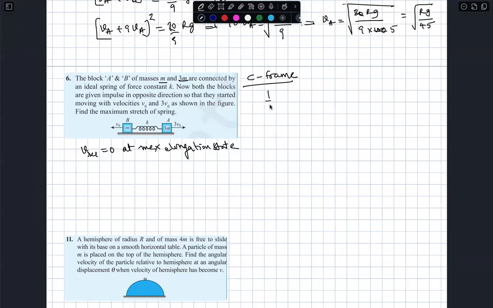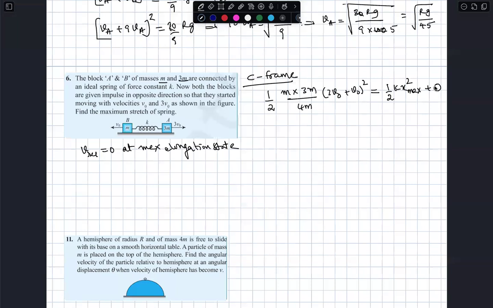In the C frame, the initial kinetic energy is m times 3m by 4m times the relative velocity, which is (3V0 plus V0) square. And there is no spring energy at this point. So finally, the spring energy is maximum, half k x max square, because the kinetic energy is 0.